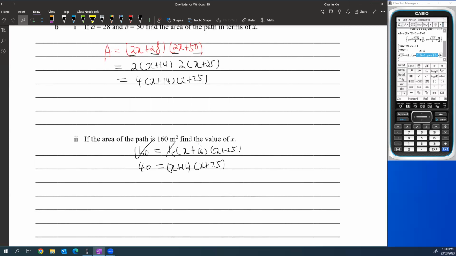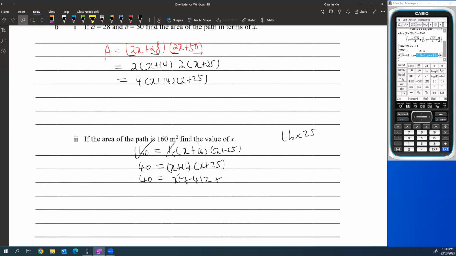Now, since we're trying to solve this and there's a 40 here, we need to expand the bracket: x squared, and then plus 16x plus 25x. So in total, that's 41x. Did I do it right? Yeah, 41x.